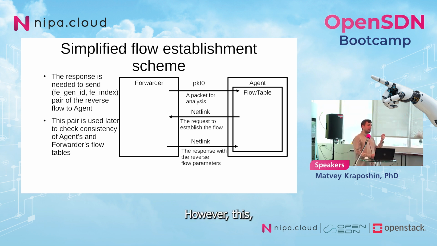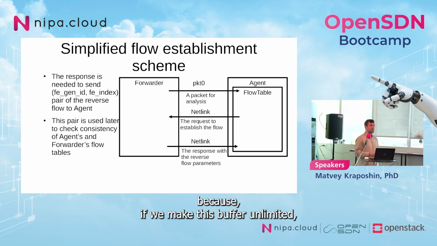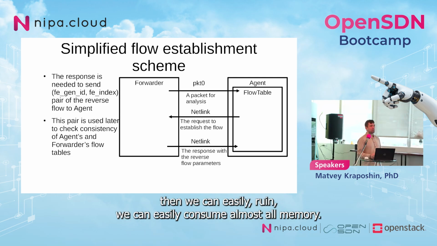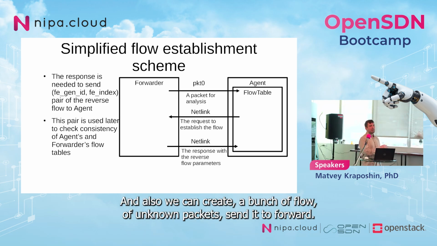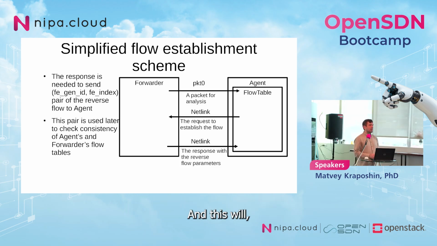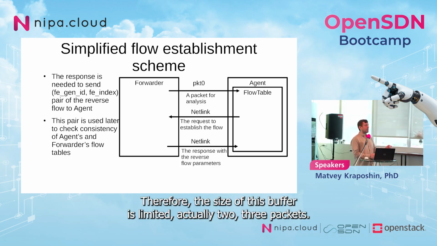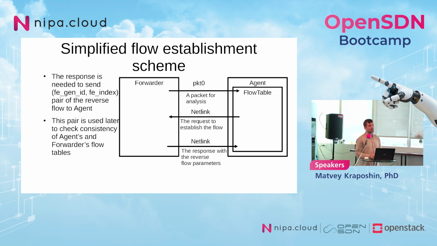However, the size of this buffer is limited, because if we make this buffer unlimited, then we can easily consume almost all memory. Yes, we can create a large bunch of unknown packets, send them to the forwarder, and this will consume all memory. Therefore, the size of this buffer is limited to 3 packets. So only 3 packets are stored.